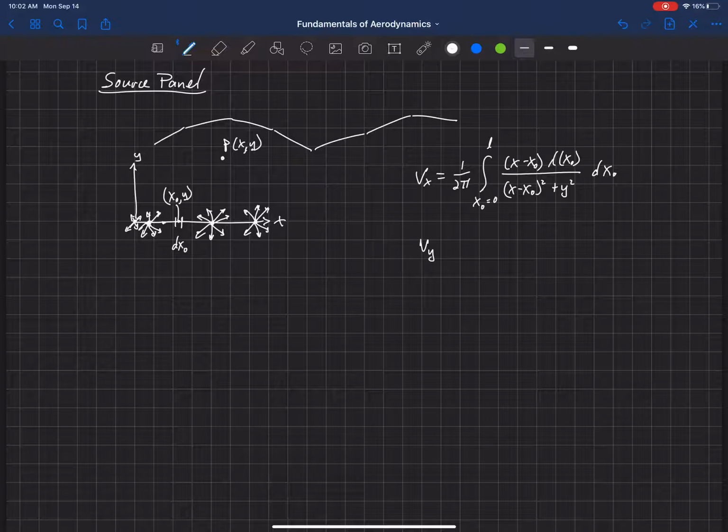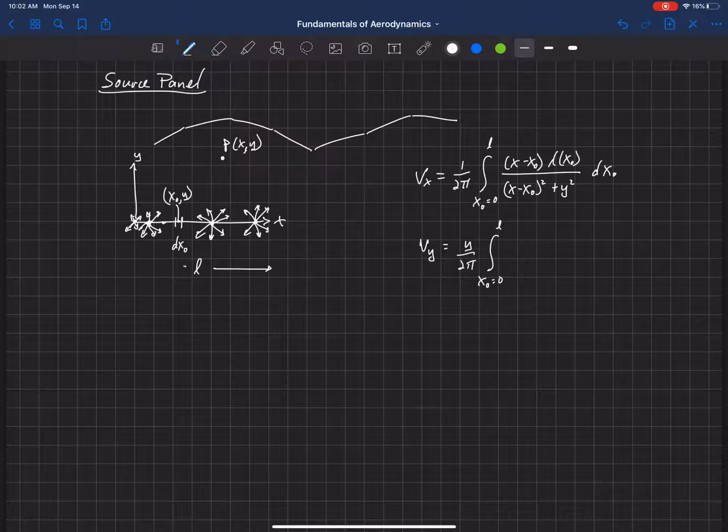Then the y velocity is y over 2 pi, the integral from x naught equals 0 up to L, where L is the length of the panel.